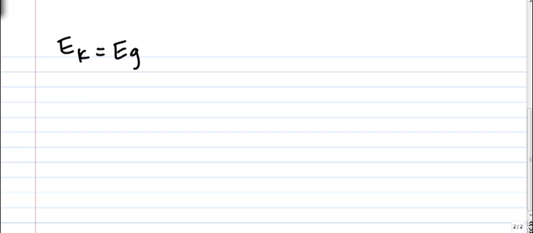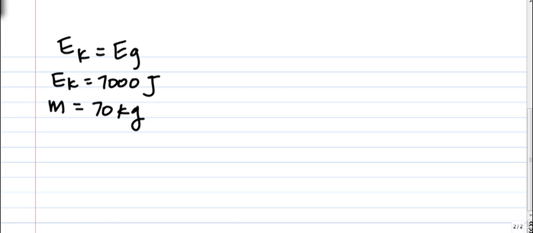And we could say, well, we want to know how fast he's moving, and that's kinetic energy. So I'm going to set my kinetic energy equal to the gravitational I just found, which means now I know that EK is 7,000 joules. The mass of my friend doesn't change. That's still 70 kilograms. And I'm looking for speed. How fast is he going?